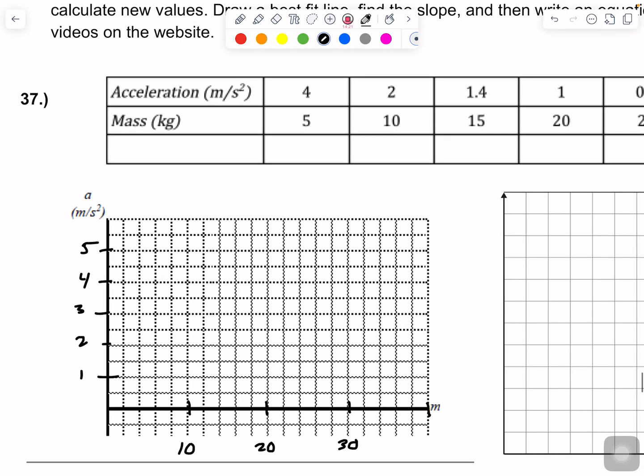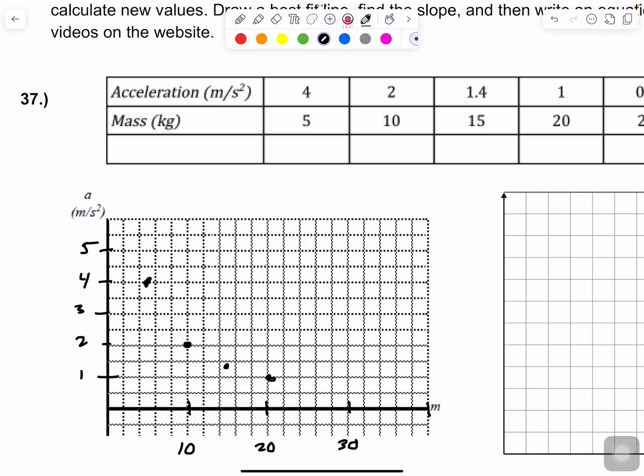So at a mass of 5, we have an acceleration of 4. That's exactly right here. At a mass of 10, you have an acceleration of 2. That's exactly right here. At a mass of 15, you have an acceleration of 1.4. Well, where's 1.4? Well, 1.5 would be exactly right here. 1.4 would just be a little less than that. At a mass of 20, we have an acceleration of 1.